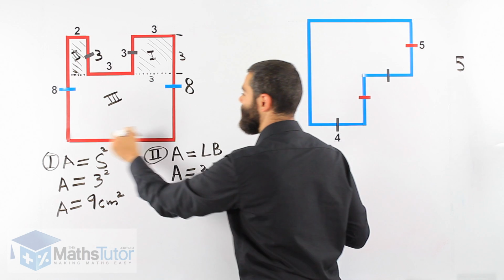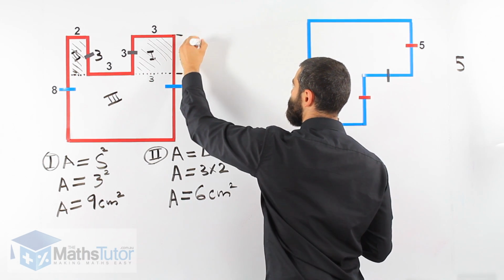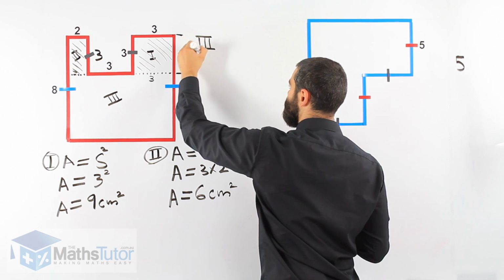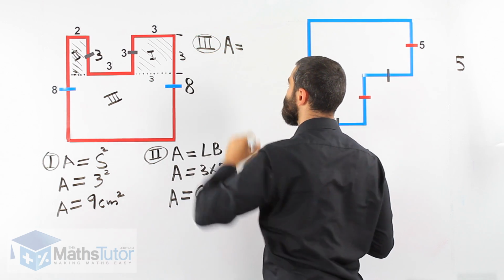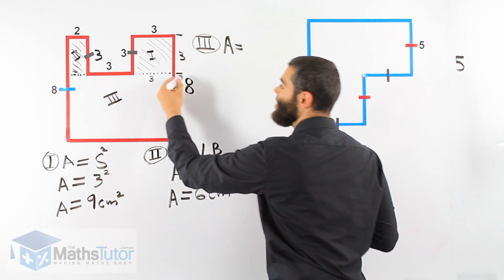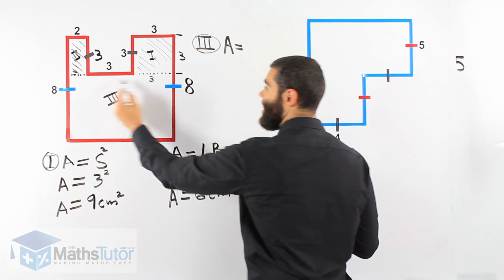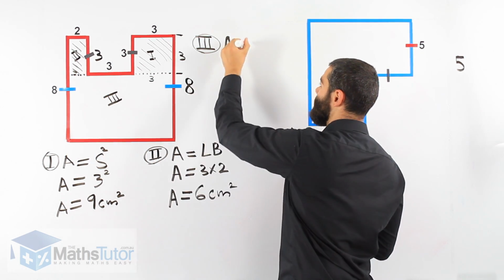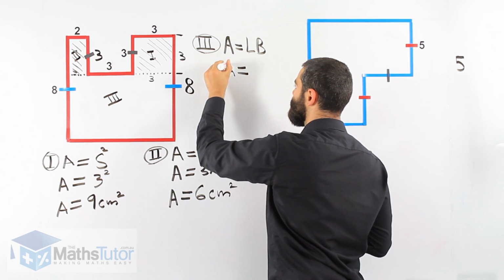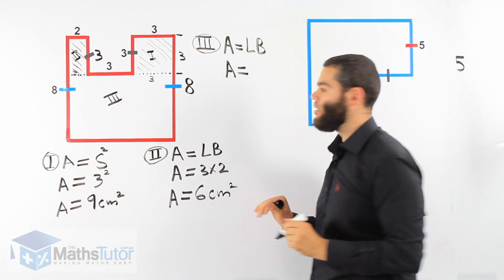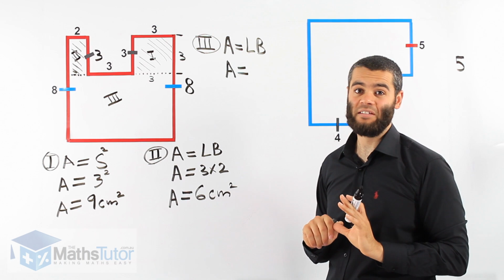Now we're left with area 3. We can do area 3 over here. Area 3 again, what kind of shape is this? It's a rectangle, so area is length times breadth. What is the length? Well, this is where we're going to do some detective work.